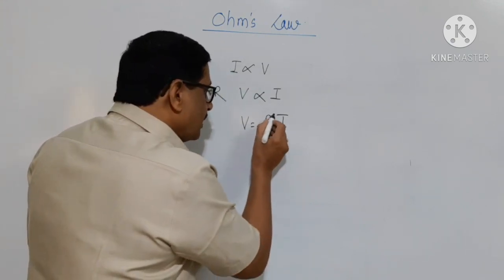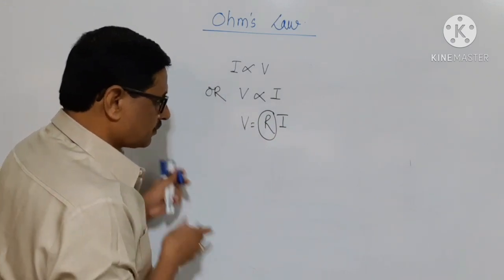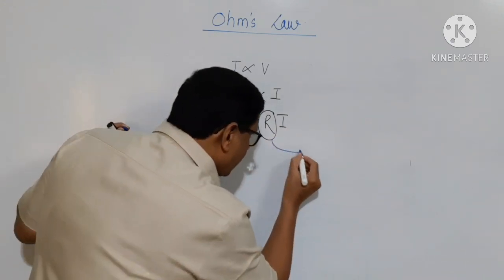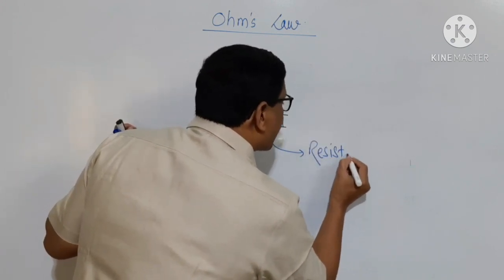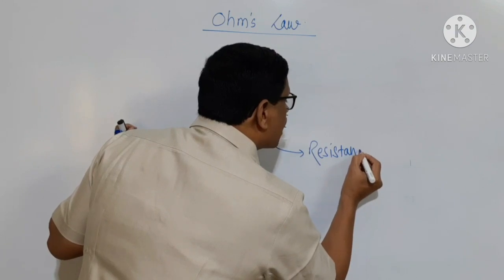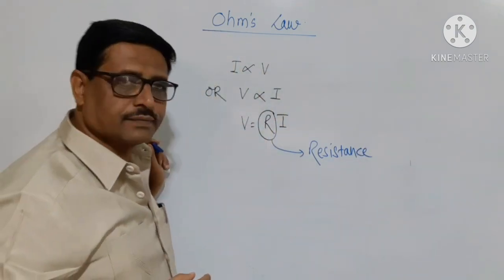This R is a constant for a given conductor, and it is called the resistance of a conductor.